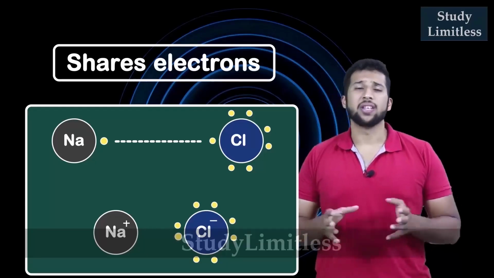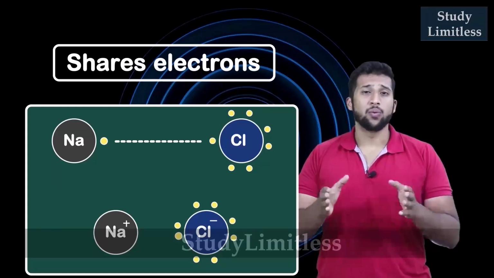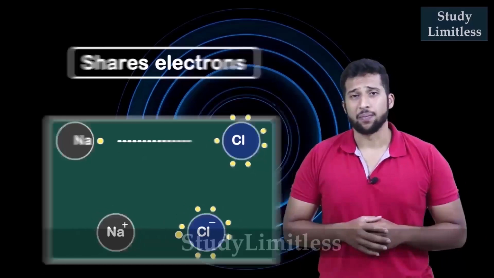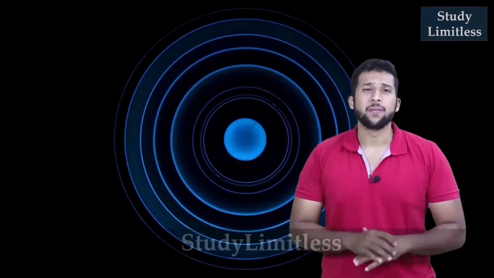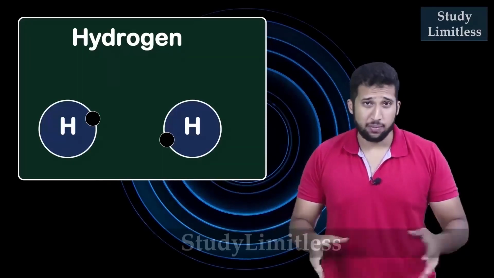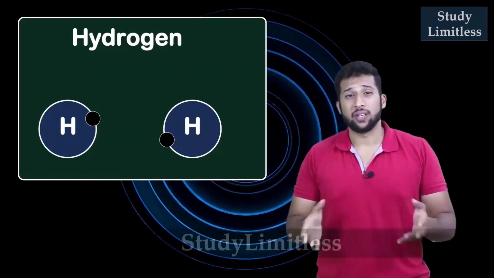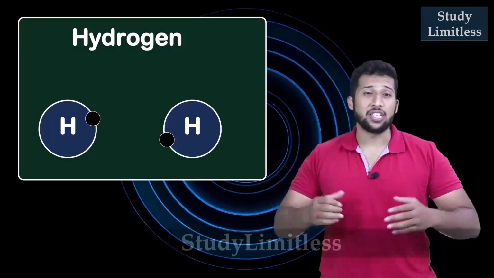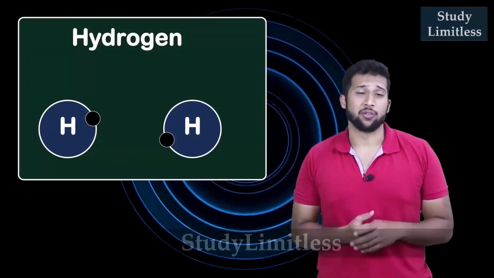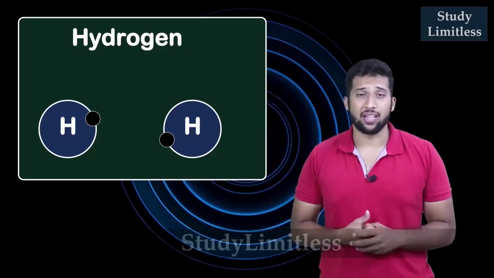So how does this happen? For this, we'll use the Lewis dot structure and understand. For simplicity, let's consider a hydrogen atom. So you have 2 hydrogen atoms, each one with the obvious 1 electron in the outer and only shell that it has. And for stability, both need 2 electrons in that shell.